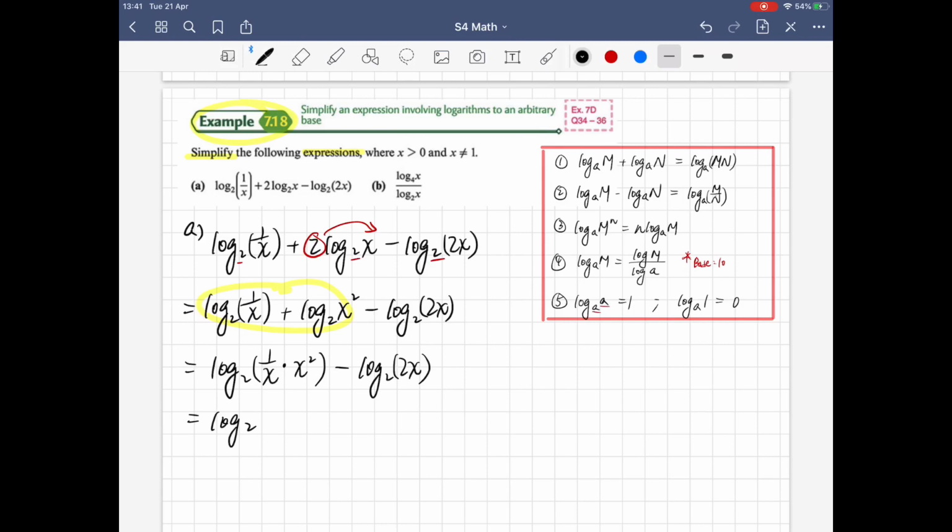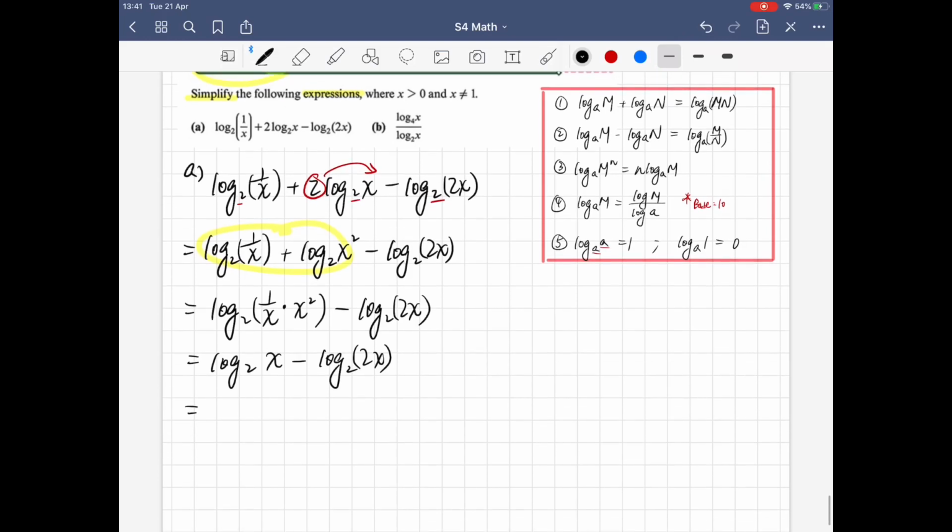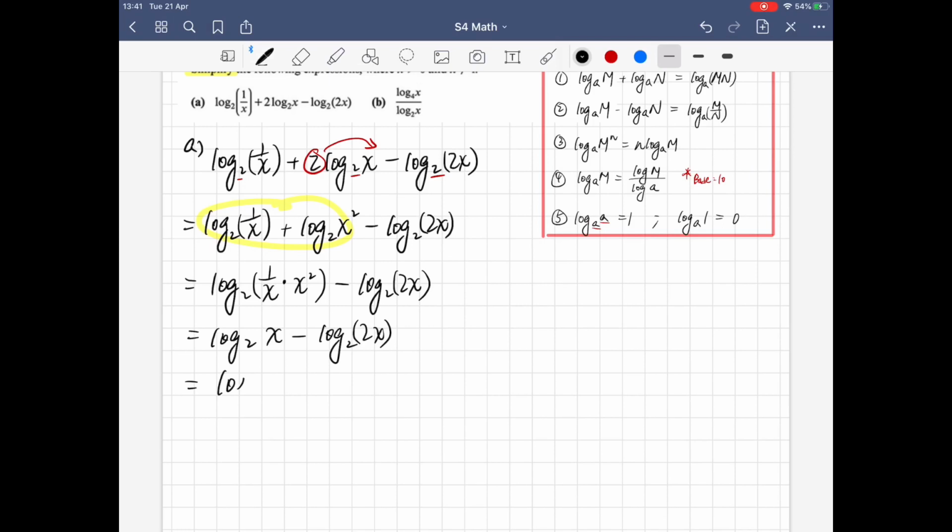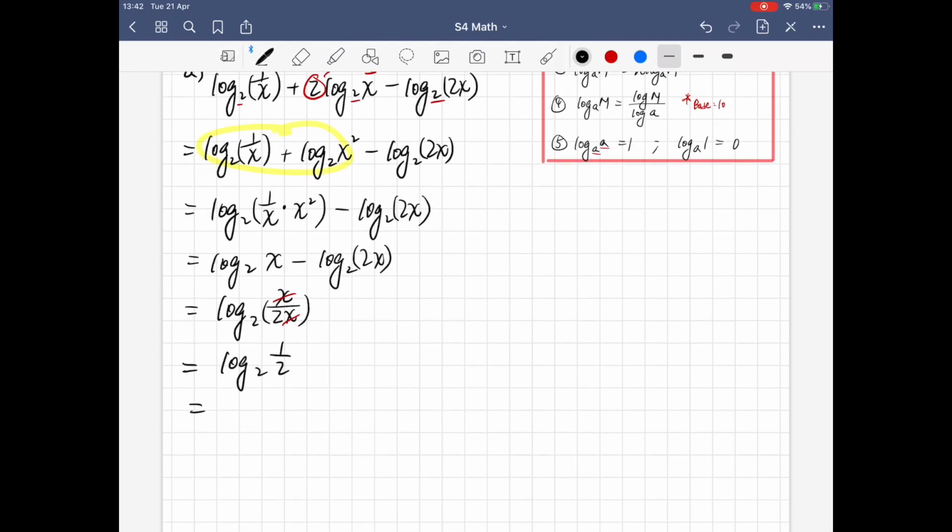Okay, after simplification we have log x minus log 2x, and now we can apply the property 2 so that we have log x over 2x with base 2, and as you can see, the x can be cancelled out, and we have log 1 over 2 with base 2, and for 1 over 2 we can convert it into 2 to the power negative 1, and negative 1 will be our final answer.